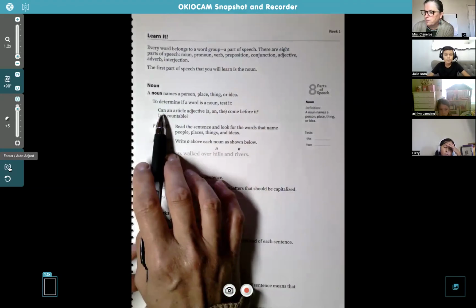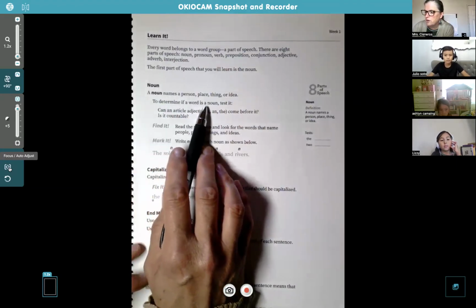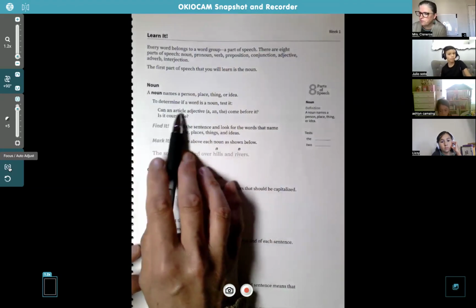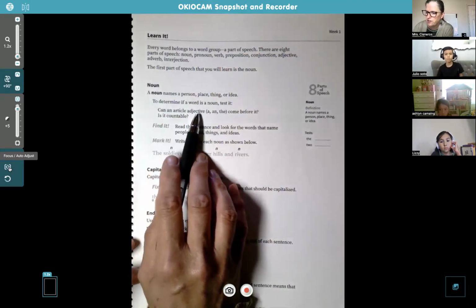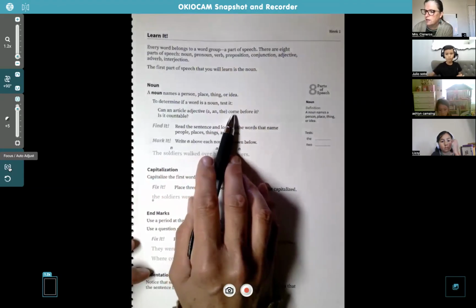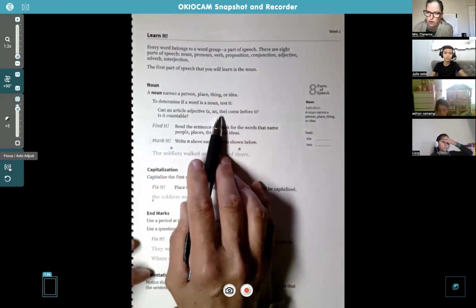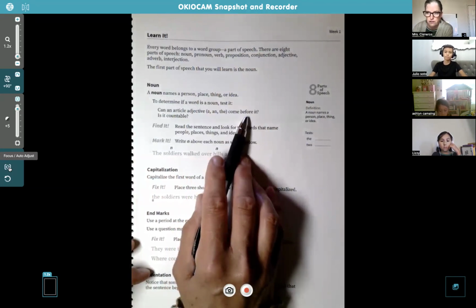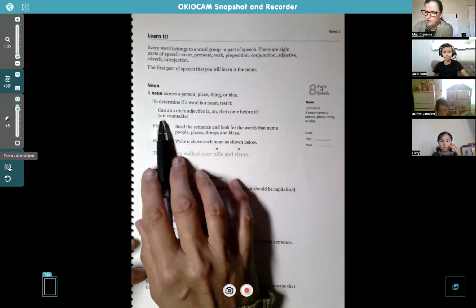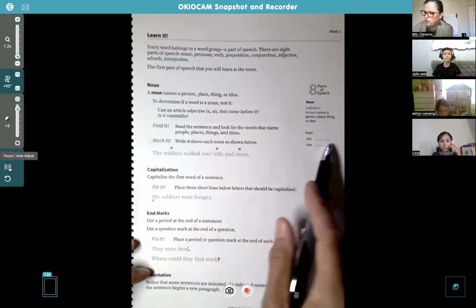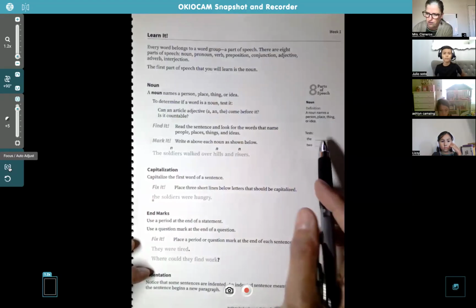So it says to determine if a word is a noun, test it. So there's a way you can test a word. It says, can an article adjective a and the come before it? Can we put a before it? Can we put an or the before it? That usually means it's a noun. Or is it countable? Can you count it? So if you look on the margin over here on the side, it says tests, and then it has 2 things.